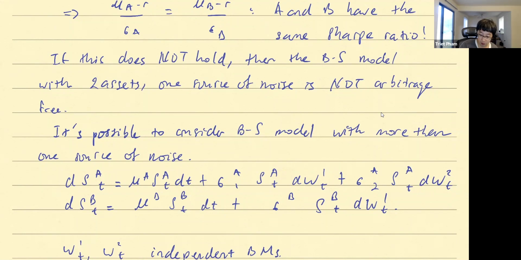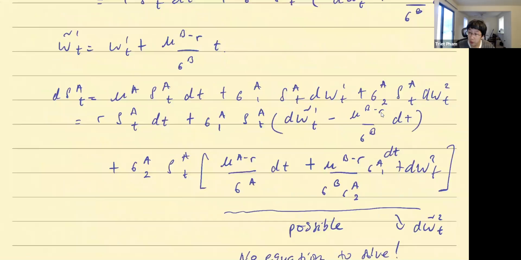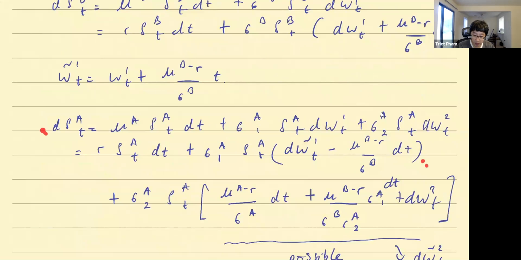So you can also see that with two sources of noise and two assets, there is a risk neutral model. There's an existence, and it's also unique, because the way we have been doing it so far is the only way.